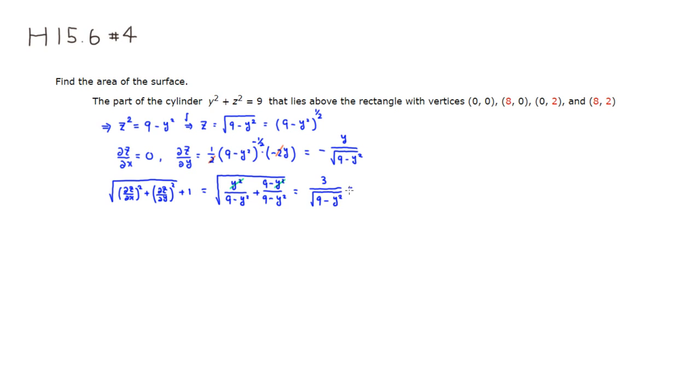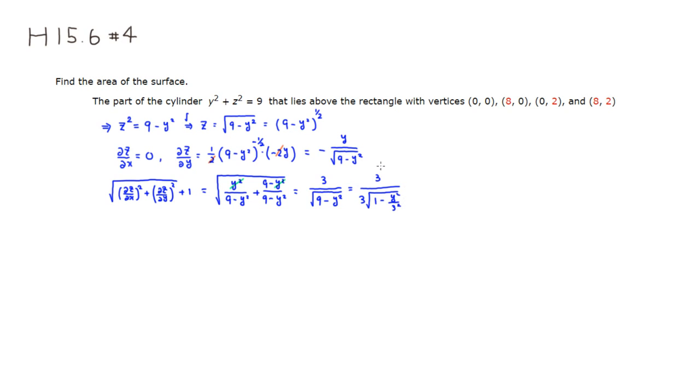For simplicity, I'm going to factor out the 9 and bring it outside. The square root of 9 is 3, so we can have a 3 outside. 9 divided by 9 is 1, and negative y squared divided by 9 would be negative y squared over 3 squared.